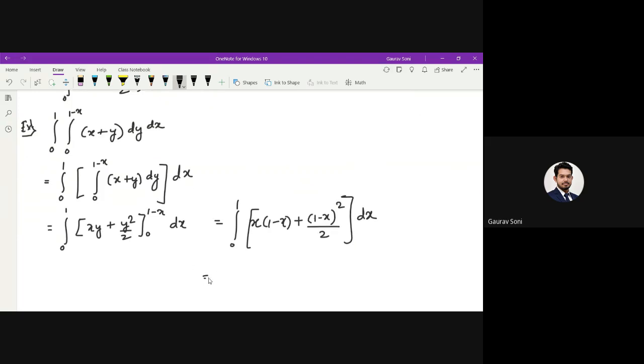Let's open the bracket. 0 to 1, x minus x square plus 1 minus 2x. So we can solve the bracket, but if we solve it, then it will become difficult to integrate. Okay.